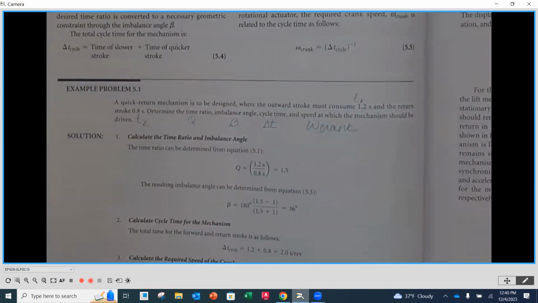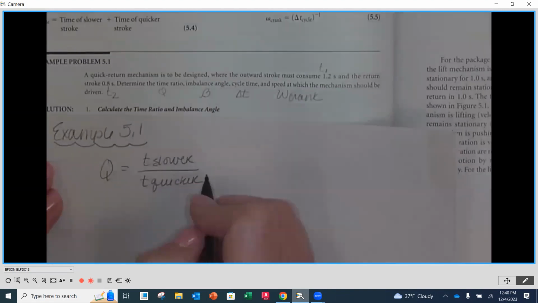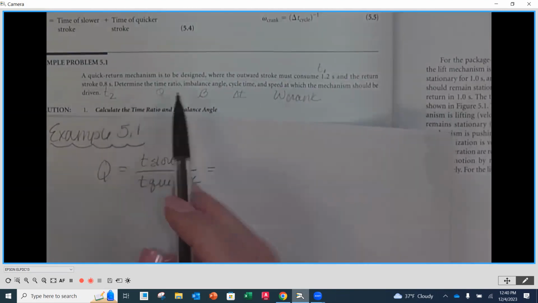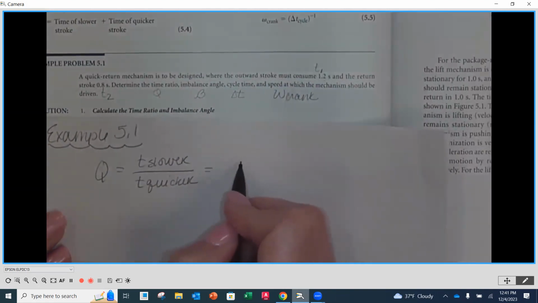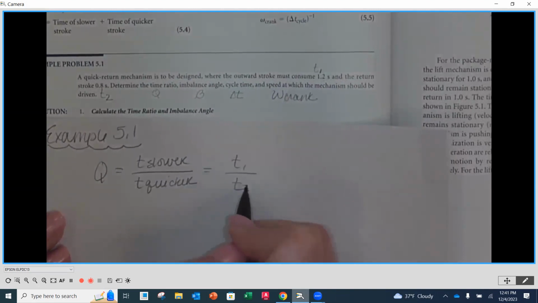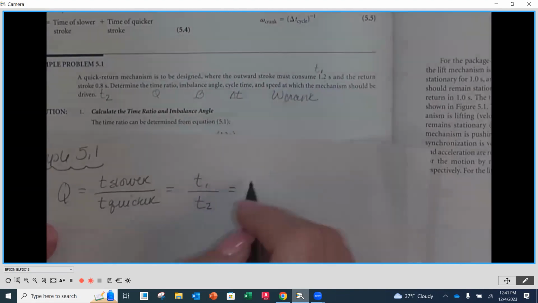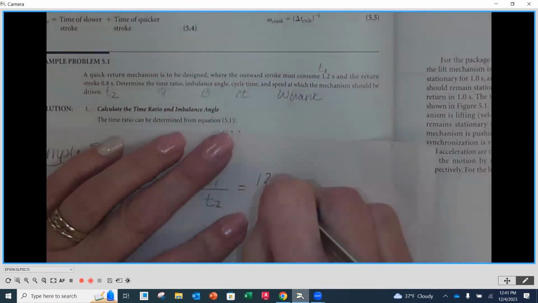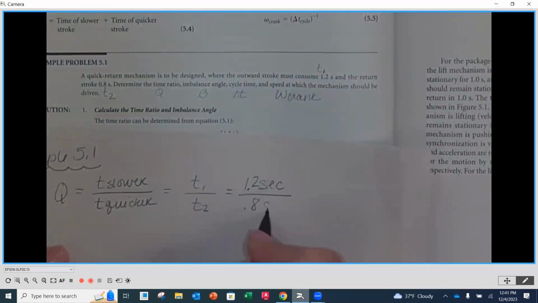All right. So when we look at Q, we want to use the time of the slower on top divided by the time of the quicker on the bottom. So when we line up T1 and T2 here, T1 is 1.2, T2 is 0.8. So that means that our T1 is going to go on top and our T2 is going to go on the bottom, right? So filling in those numbers, T1 is 1.2 seconds divided by 0.8 seconds.